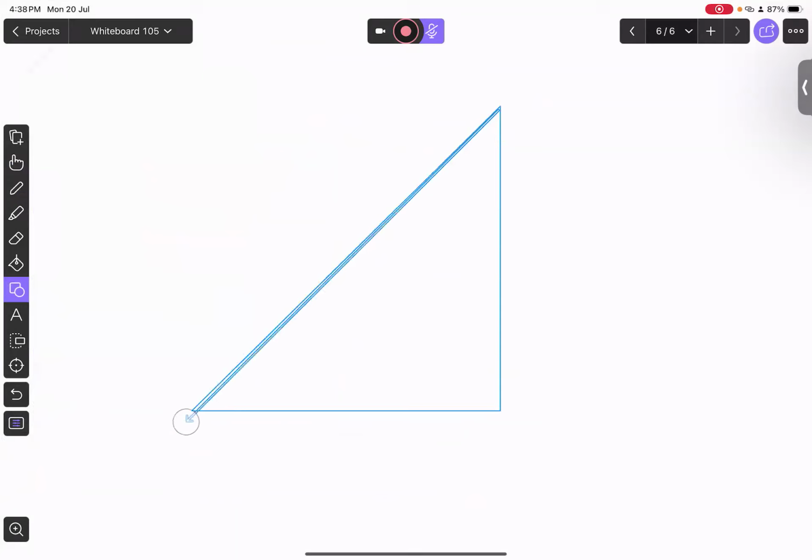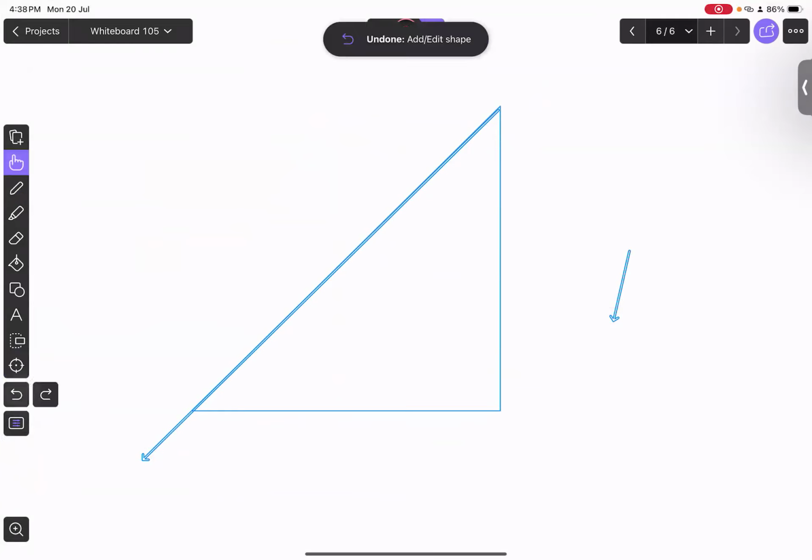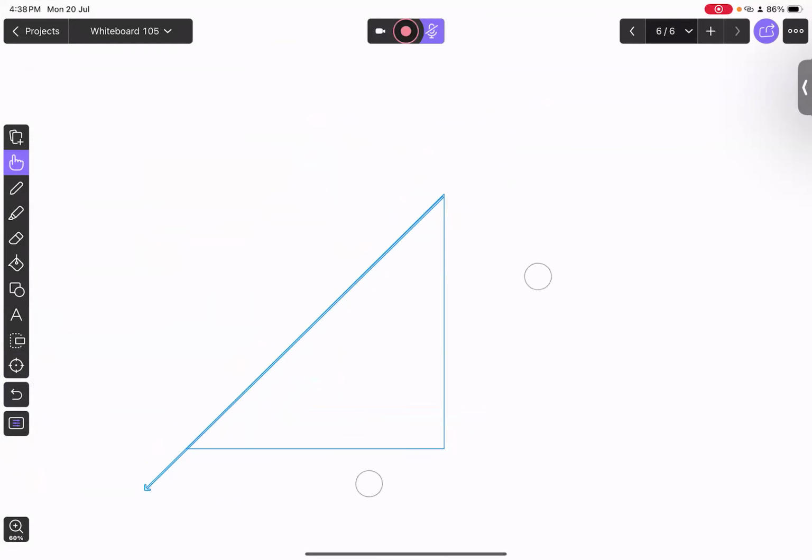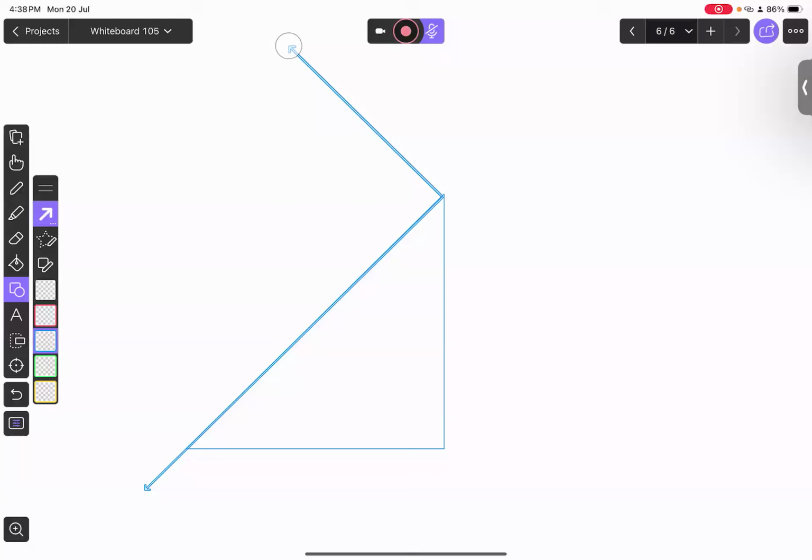Down the inclined plane, I will consider as positive x, and this way is our positive y.